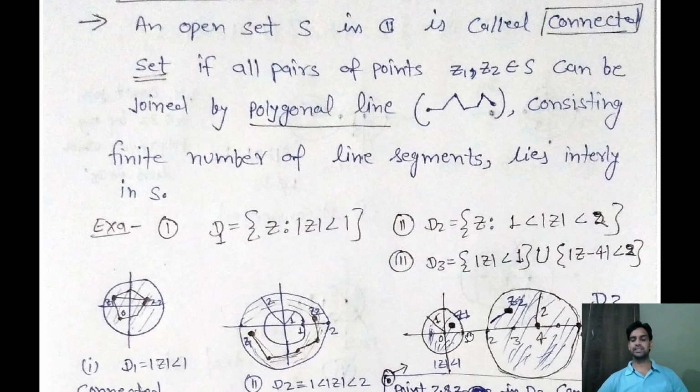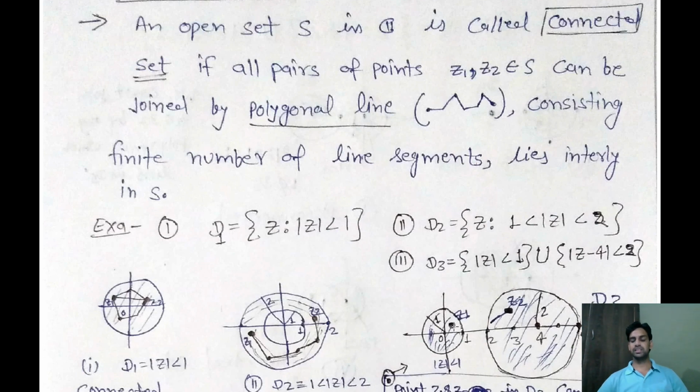Now we want to check whether it is connected or not. We take one point here and a second point here. If we join both points by a polygon line, either by a line segment directly, look here, some part of the line segment is coming here, but this part is not inside our set.